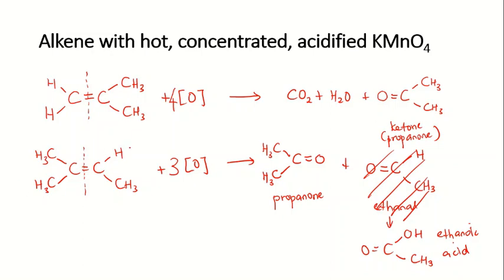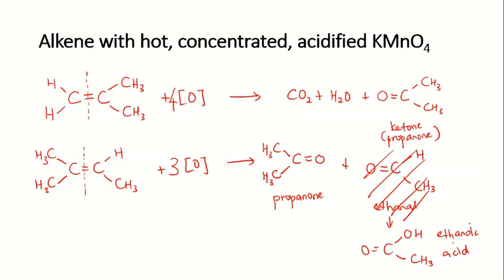Now if one of them is hydrogen, at the end you get OH, a carboxylic acid. So basically in the products, CO2, the ketone, and also ethanoic acid, none of the C double bond O carbon is bonded to hydrogen anymore.